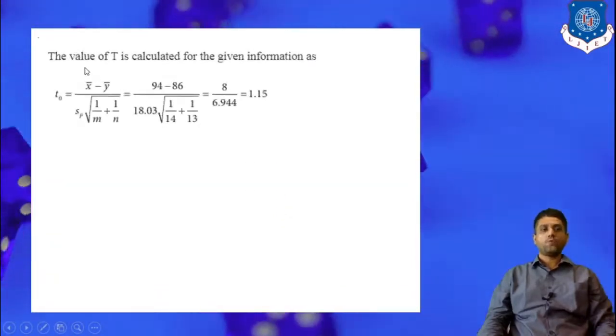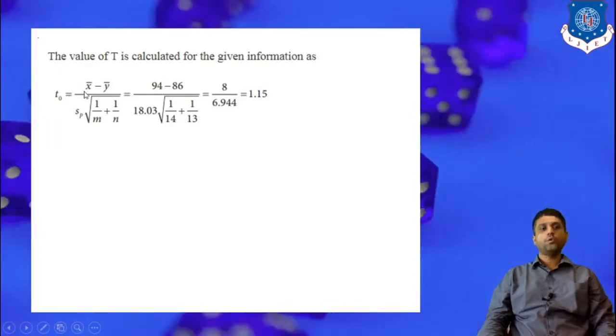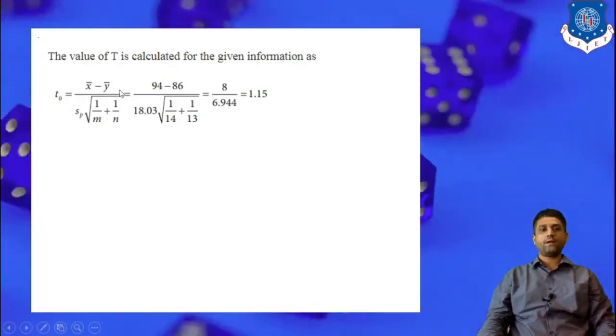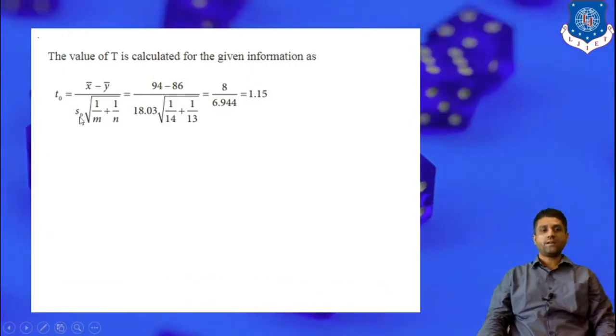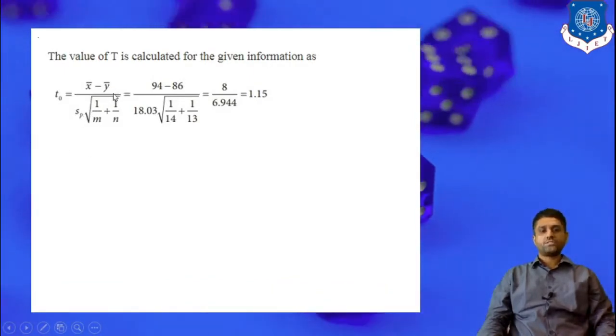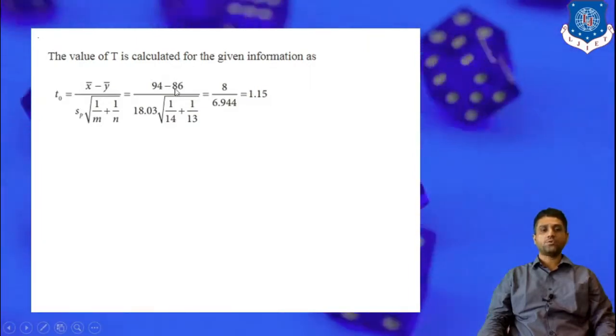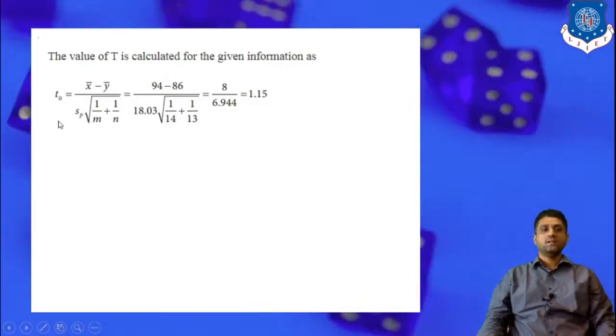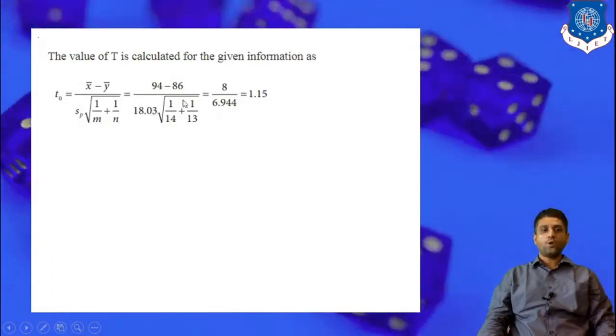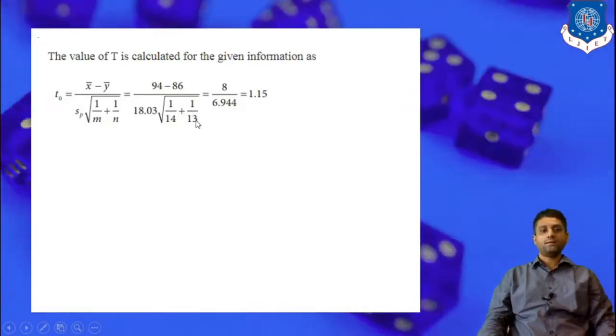So finally we plug in the values of x bar, y bar, that is the sample mean corresponding to type A battery and type B battery, and the standard deviation in this t statistic. So x bar is given in the question as 94, and y bar, the sample mean corresponding to type 2 battery, that is type B battery, is also given in the question as 86. The standard deviation we just calculated is 18.03, upon 1 by 14 plus 1 by 13.